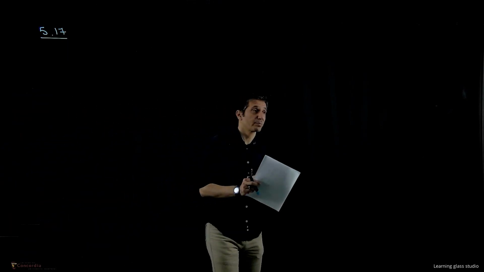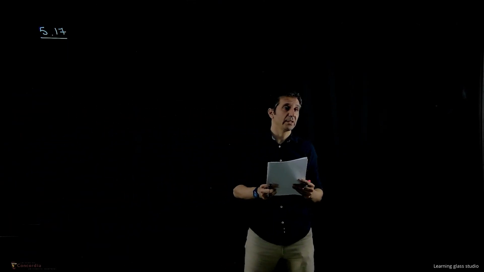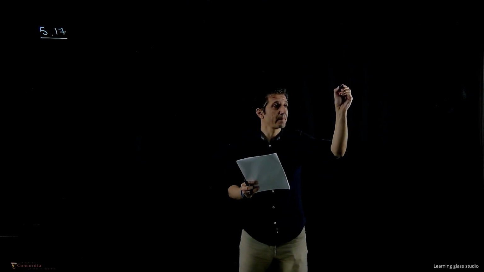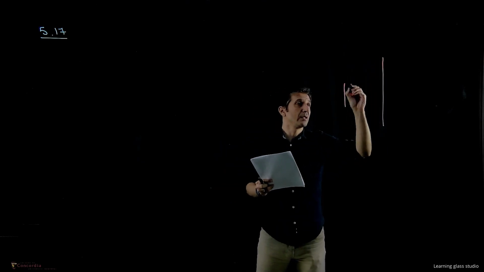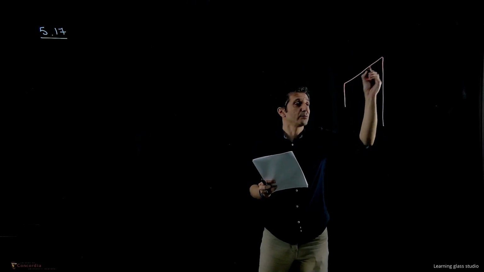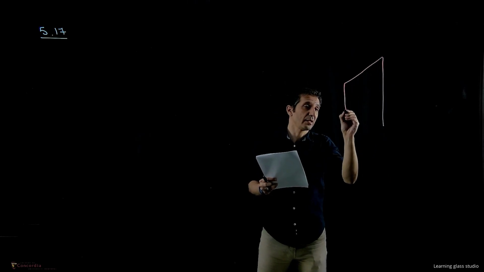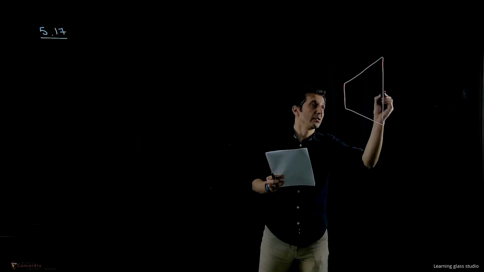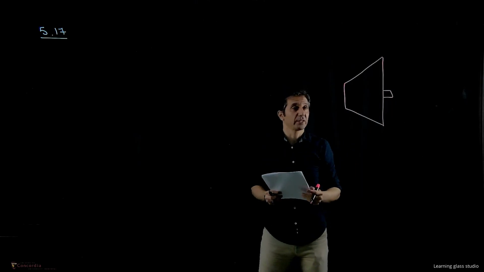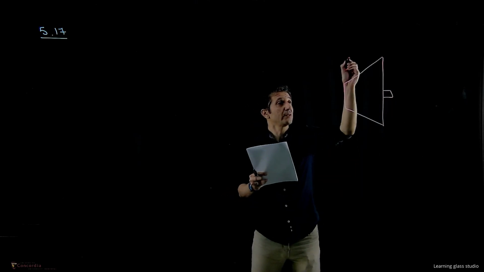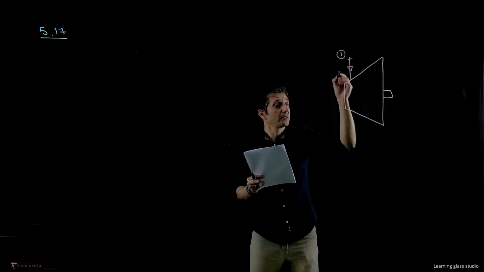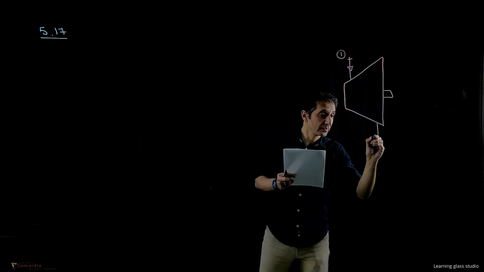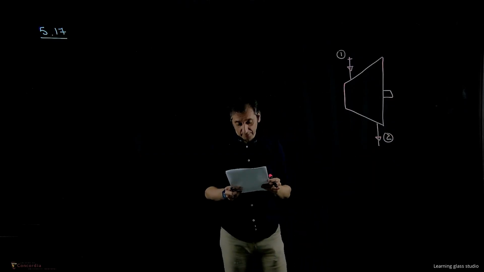Let's sketch this problem. So what do we have here? We have a turbine. It's a gas turbine. We are using air just for simplification. We have here the inlet, let's call it 1, and we have one exit, let's call it 2. What do we have at the inlet?